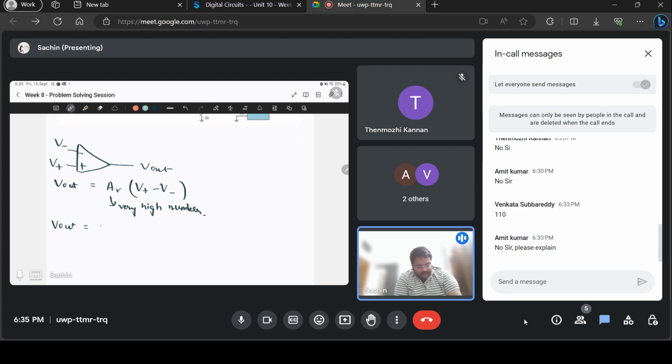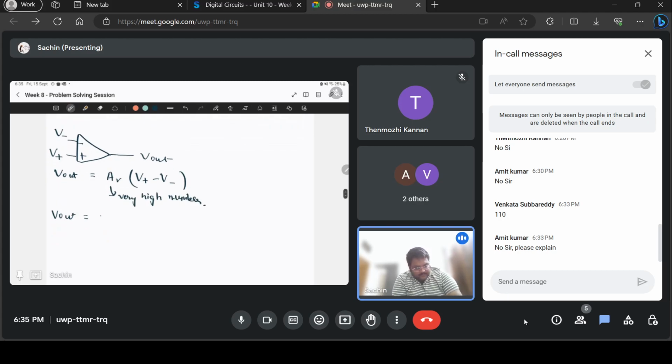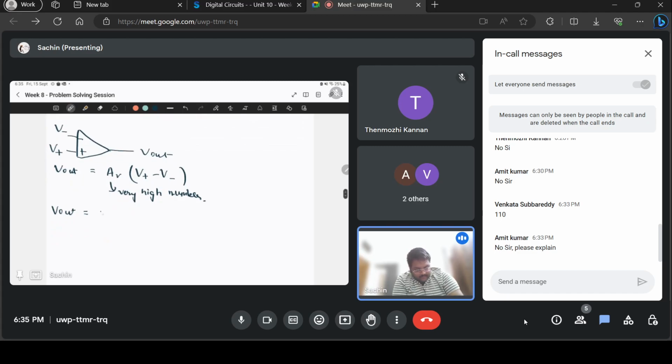If V plus minus V minus is positive, then your output will be very high, if V plus is greater than V minus, and your output will be very low if V plus is less than V minus.